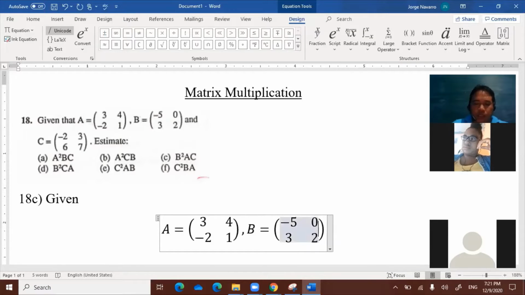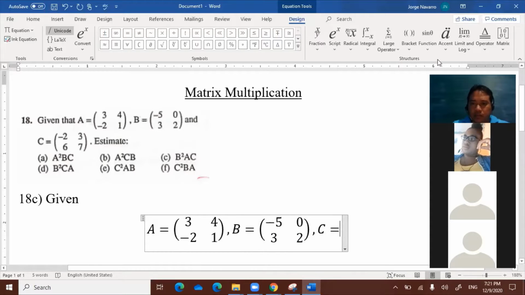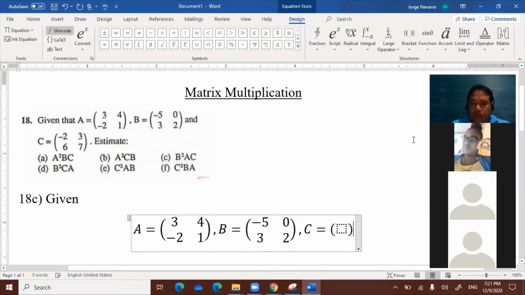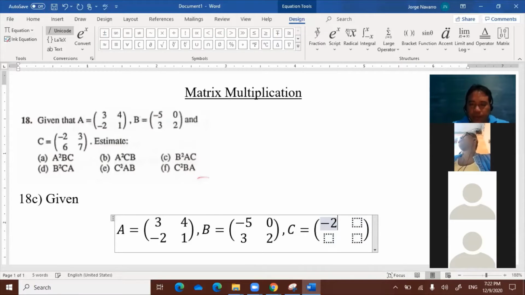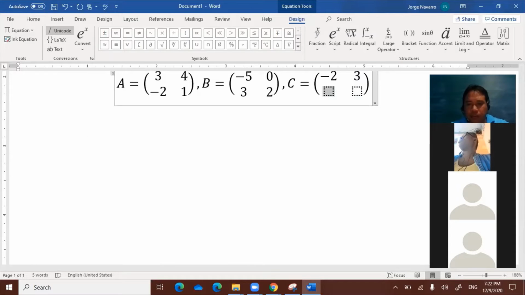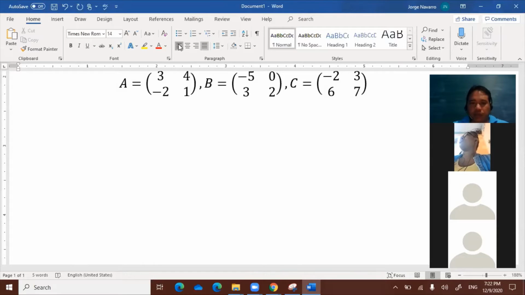And then the last one, C, equals -2, 3, 6, 7. So those are what we're using.